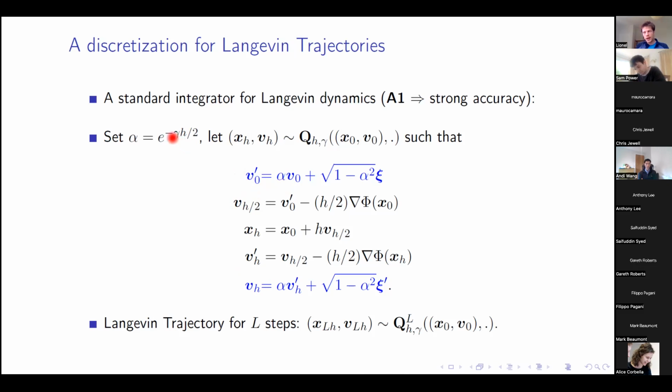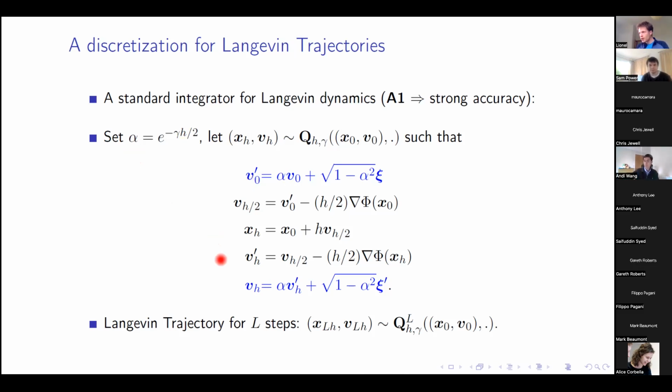So in particular, when the time step gets closer and closer to 0, the quantity alpha gets closer and closer to 1, the refreshment becomes more and more partial. Right? In particular, if you take gamma equals 0, you just get no refreshment at all, and therefore you just recover the leapfrog integrator.